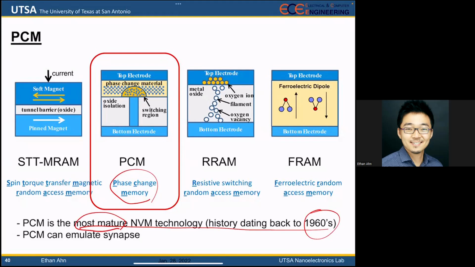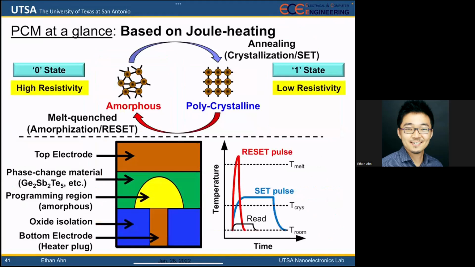So that's good, right? And PCM can also emulate synapses, because like I said earlier, by controlling the amount of amorphous region of your material, we can control the conductance in a gradual way. For those who are not familiar with PCM, this is a technology based on Joule heating.